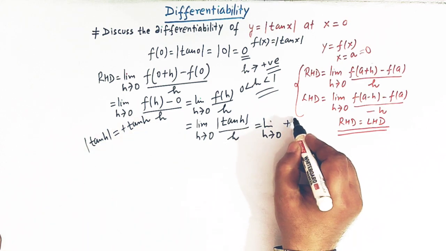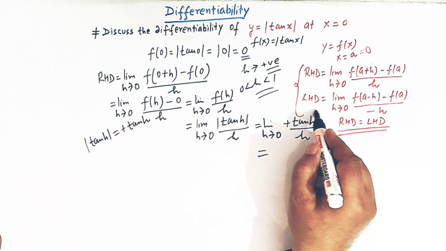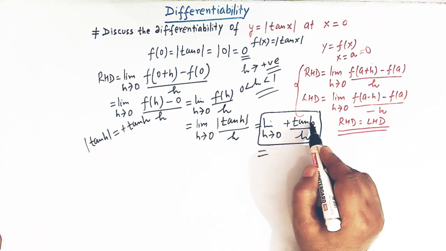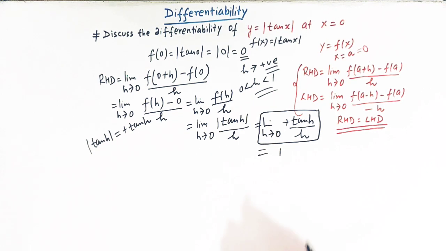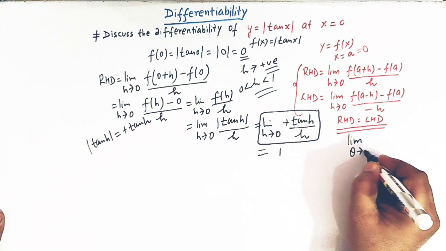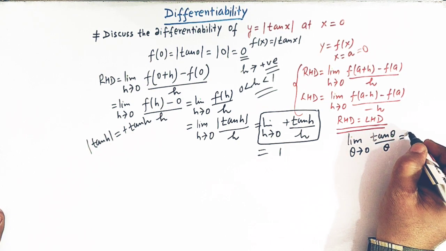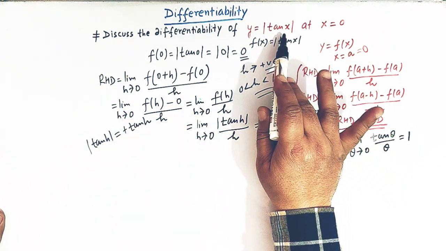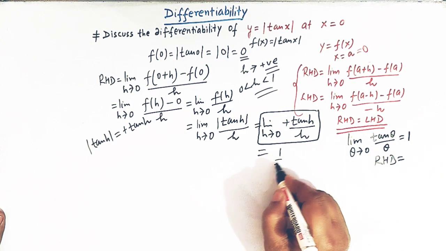So here we have tan h over h, and this is the well-known limit: limit h tends to 0 of tan h over h is equal to 1. Here we have used the limit theta tends to 0 of tan theta over theta equal to 1, right? So the right hand derivative of mod of tan x at x equal to 0 is 1.